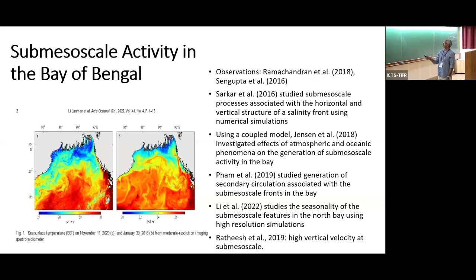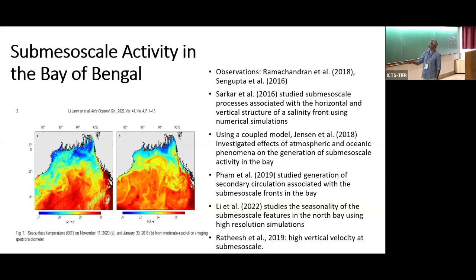Sarkar studied submesoscale using a model simulation and looked at the horizontal and vertical structure using salinity fronts. Jensen used a coupled model to look at the effect of atmospheric and oceanic phenomena associated with it. And there's another interesting paper by Pham who looked at the generation of secondary circulation associated with the submesoscale.